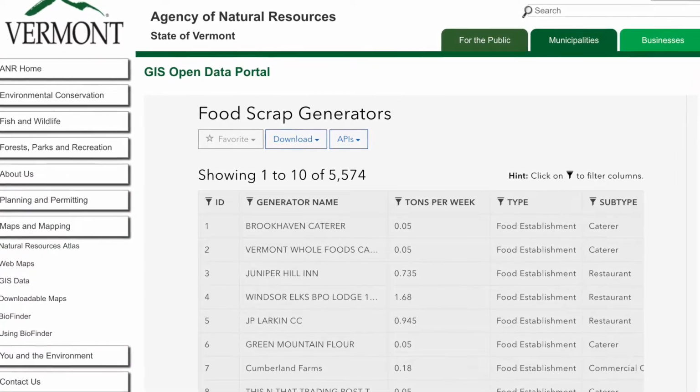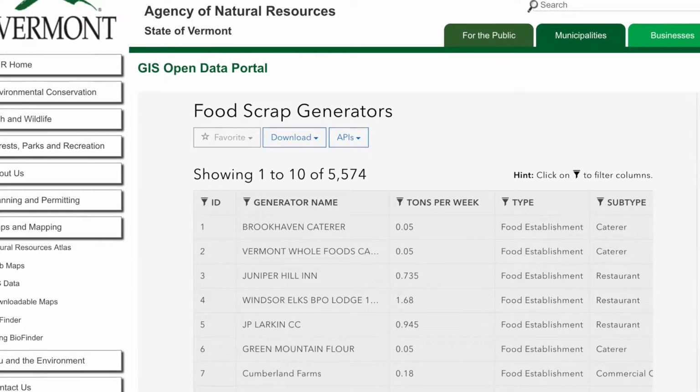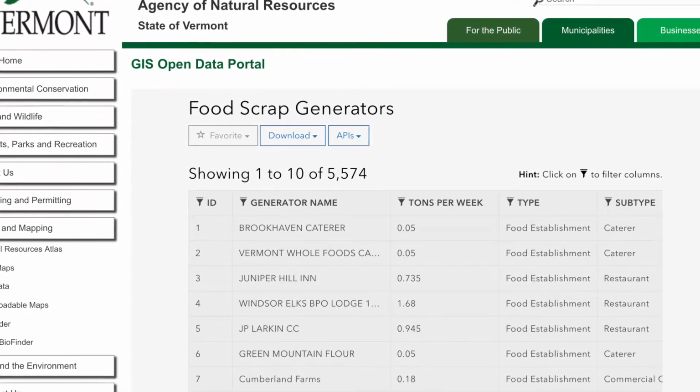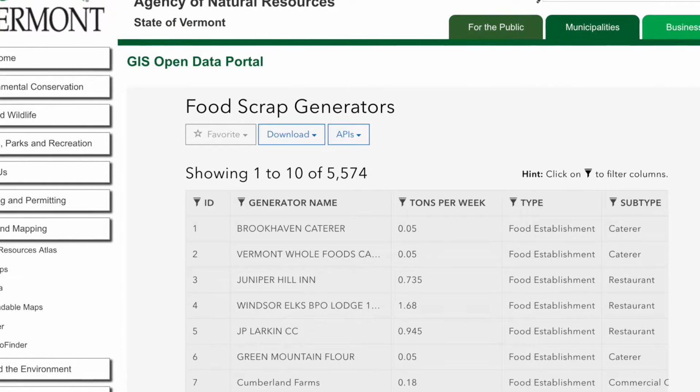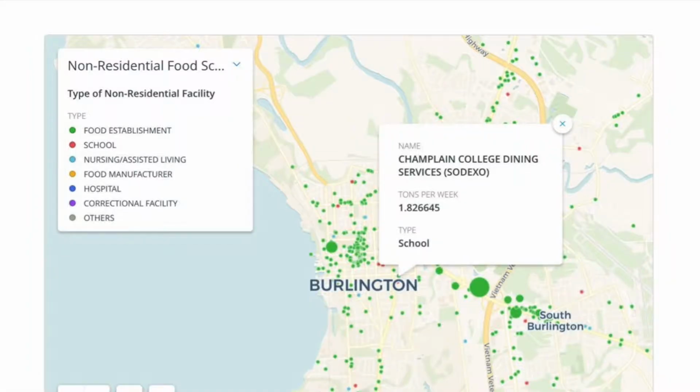And so without any coding, I was able to just download the CSV file that the Agency of Natural Resources had put out for public use, and then upload it to this user interface called Carto, which allowed us to put all of those data points onto an interactive map that you could zoom into, and you could colorize things by what kind of food scrap facility it was: food establishments, schools, nursing and assisted living, food manufacturers, hospitals, correctional facilities, and others.